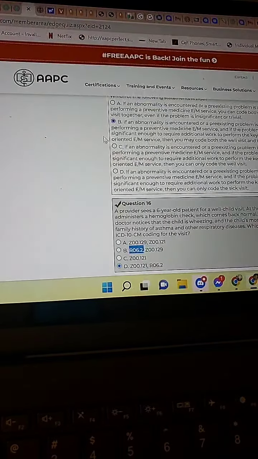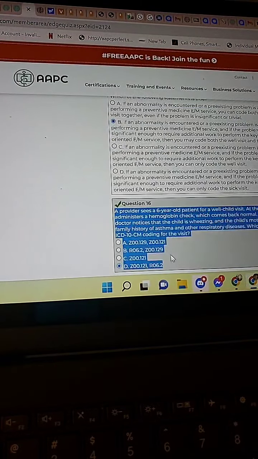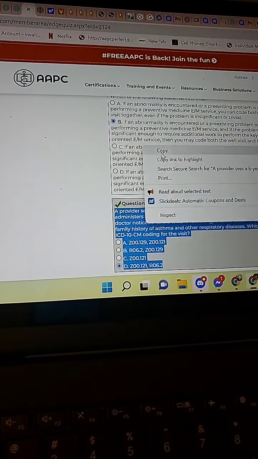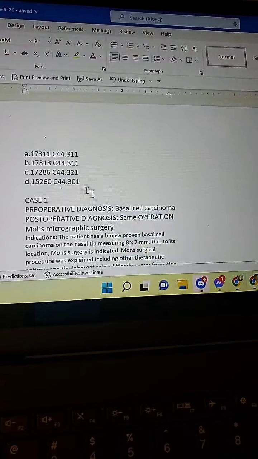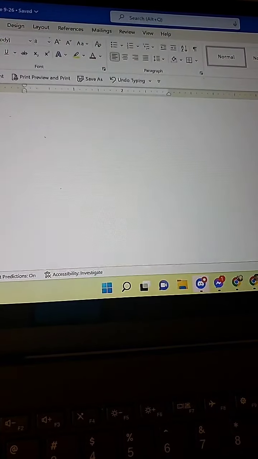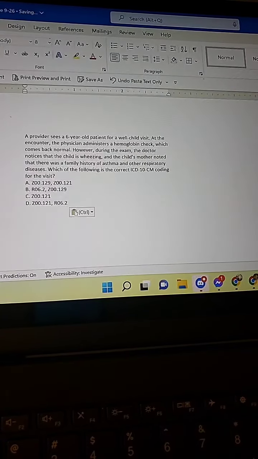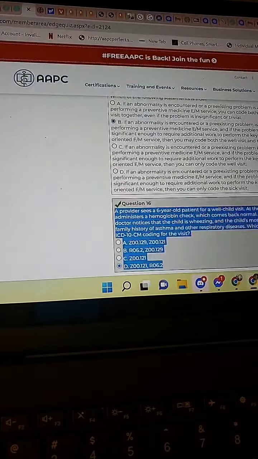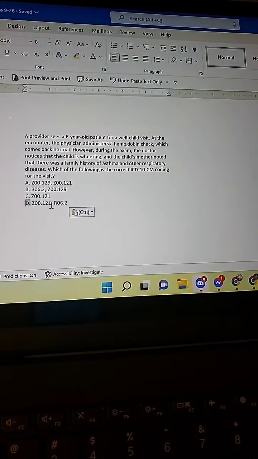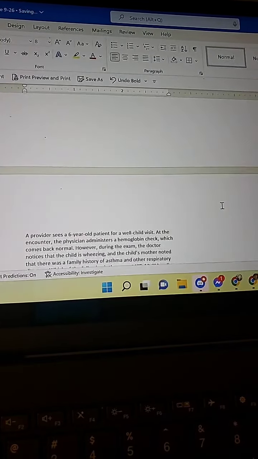Even if you just highlight, copy, and paste it to a Word document, that's all you've got to do. And then just save it for later. Then you can mark which one was the answer and come back later for more. Then you can review it later.